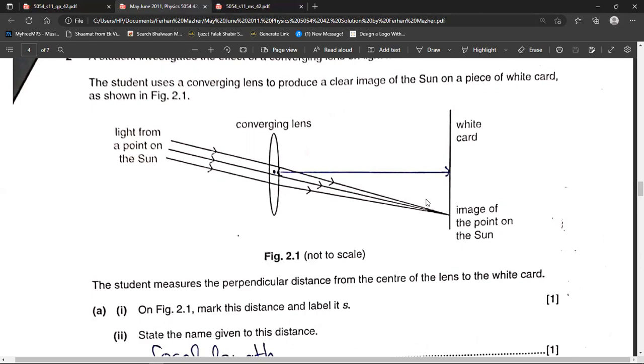When a very clear and sharp image is formed on the screen, then from the scale, I check the distance between the lens and the screen. And that is the focal length of the converging lens. So this is how we do it.